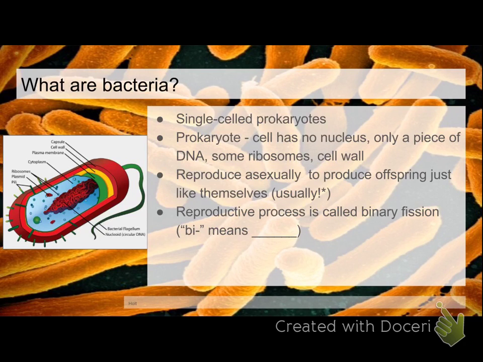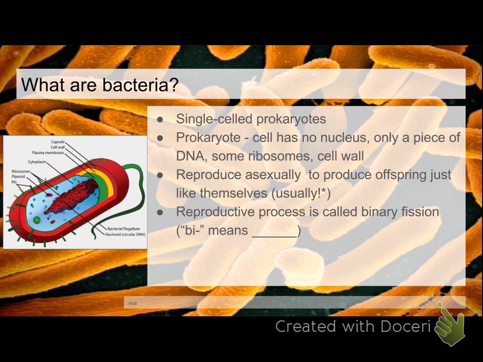What are bacteria? They are single-celled prokaryotes, which is a lot like saying, she is a female woman. All prokaryotes are single-celled. There are no multi-celled prokaryotes. They're all one-celled. Prokaryotes have no nucleus.